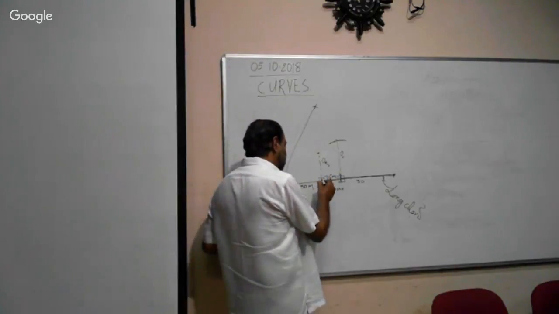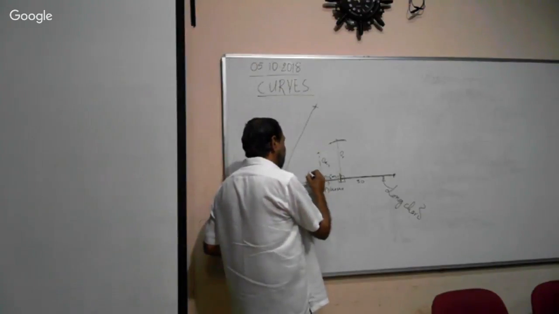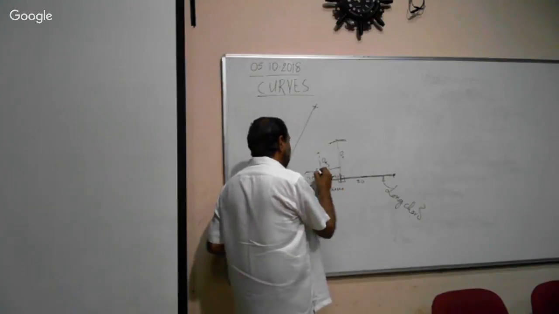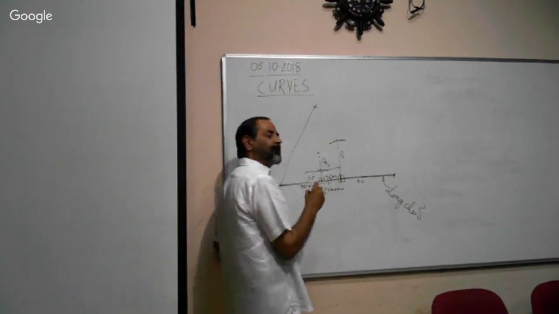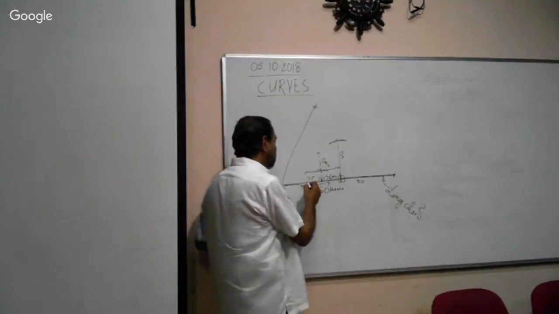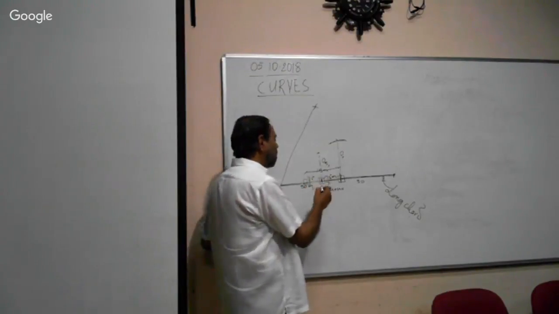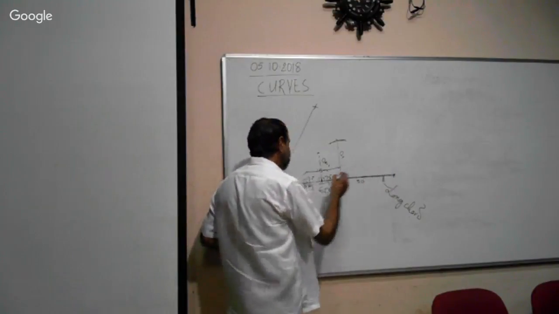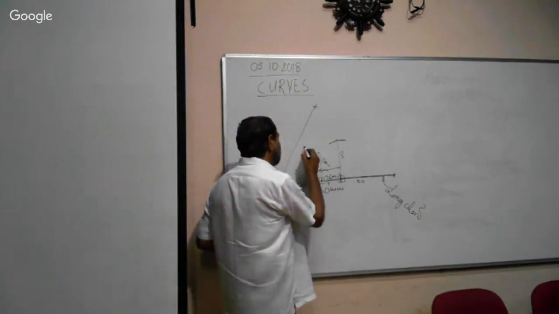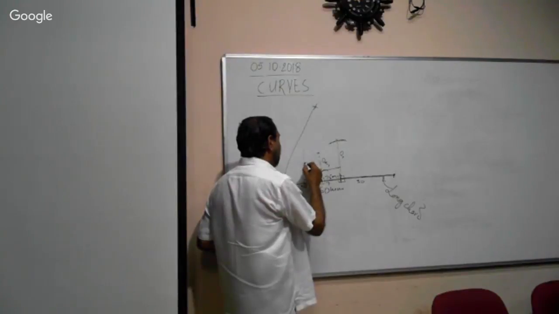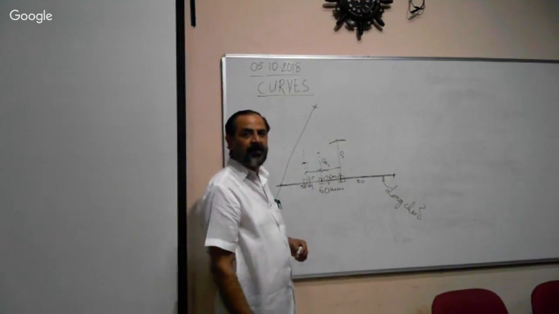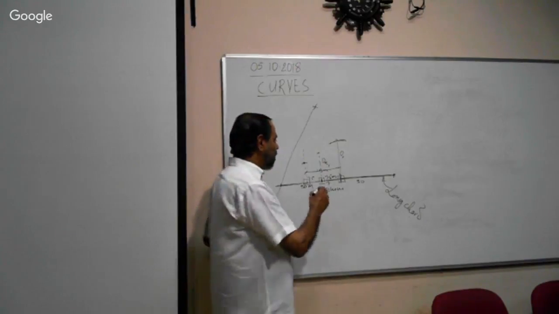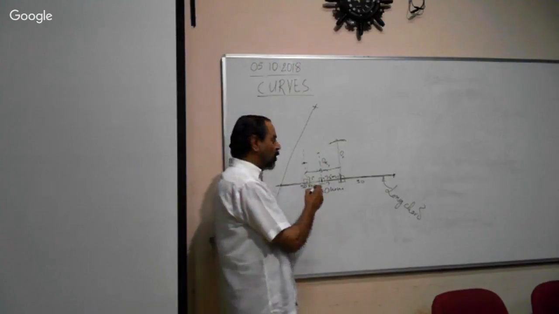Then again from here to here it is another 7.5 meter. From here to here it is 15 meter. Then again fix the cross tab and bisect the ranging rods. Then along this line cut it to the third ordinate.